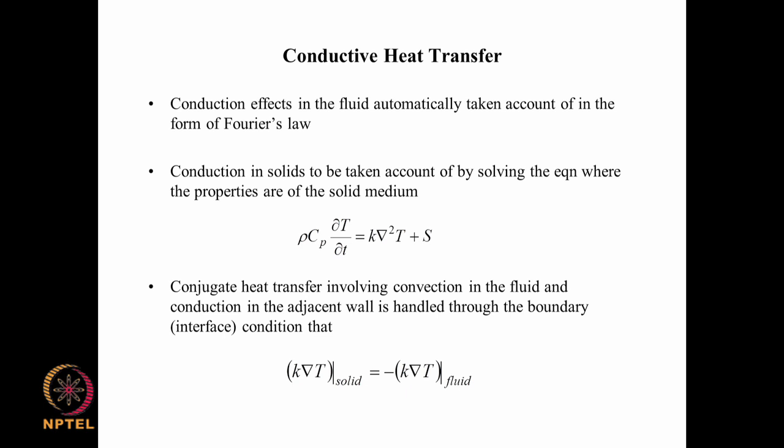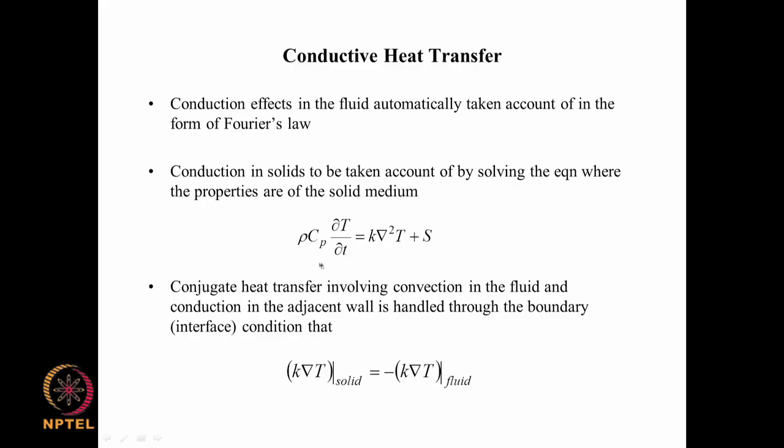intervening wall, and so our computational domain will be partly this and partly this separated by the wall, but heat is transferring from the bulk of this fluid to the tube wall, and from the tube wall through the other side of the tube wall into this. So, there you have what is known as a conjugate heat transfer problem.